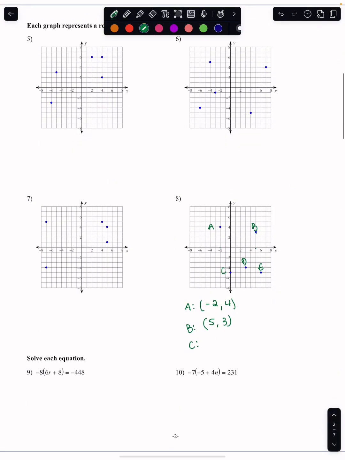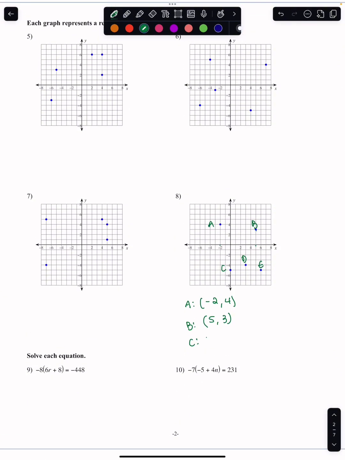And point D is at 3, -4. Hold on. Oops, if that's at 3, -4, that means this last point is really at -5 then. And then E is at 6, -4.